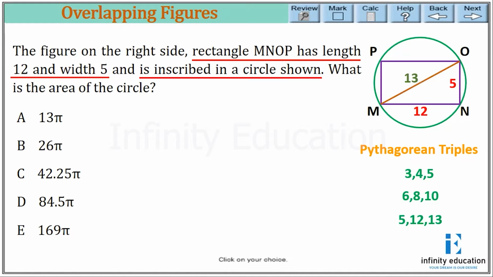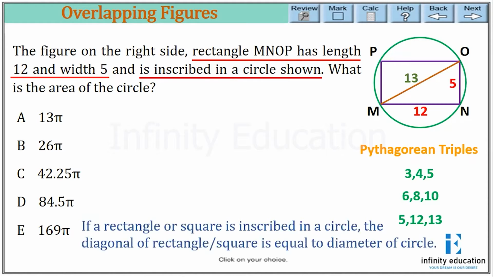The rectangle MNOP is inscribed in a circle, so we know that if a rectangle or a square is inscribed in a circle, the diagonal of the rectangle or square is equal to the diameter of the circle. We have the diagonal of the rectangle as 13, so as per the theorem the diameter is 13 as well.